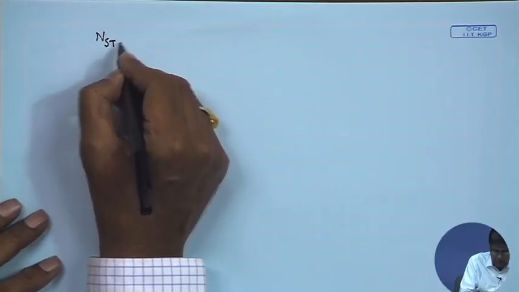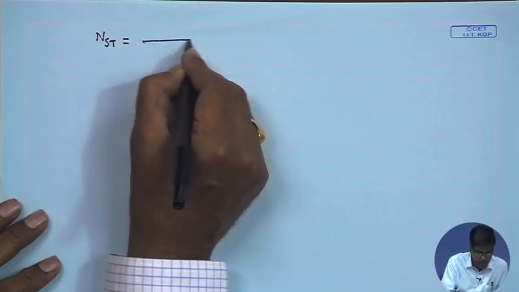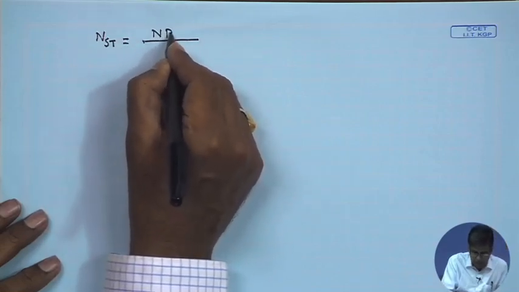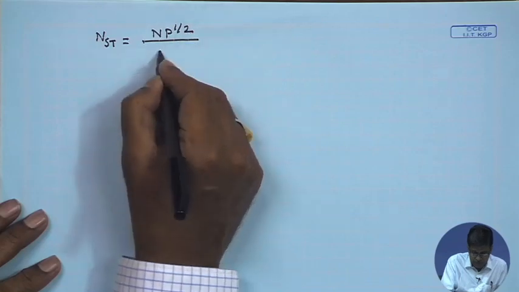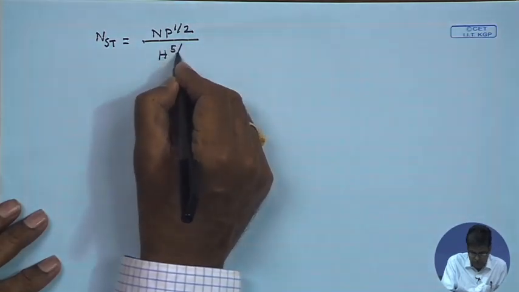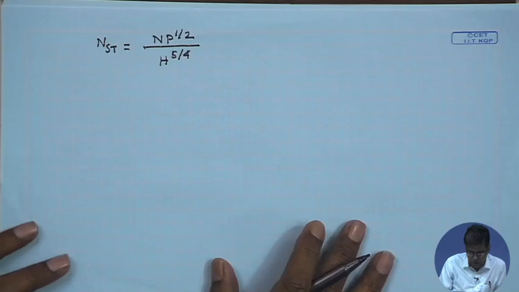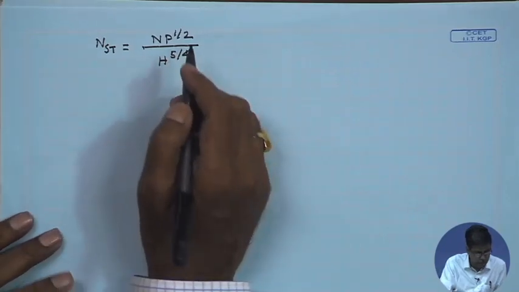Now, next we are going to derive an expression of specific speed for a Pelton wheel. Now, if you recall, the specific speed for a turbine, N_ST, is defined as N P to the power half, H to the power 5 by 4.